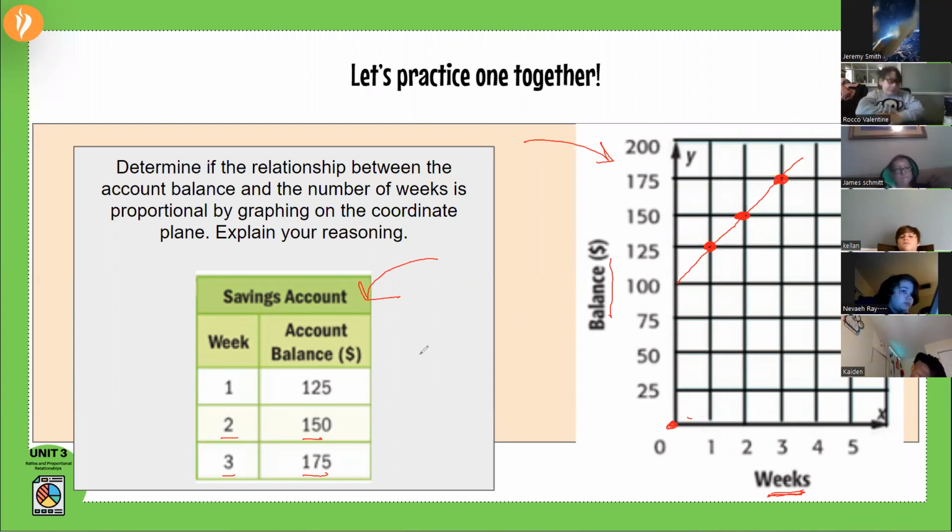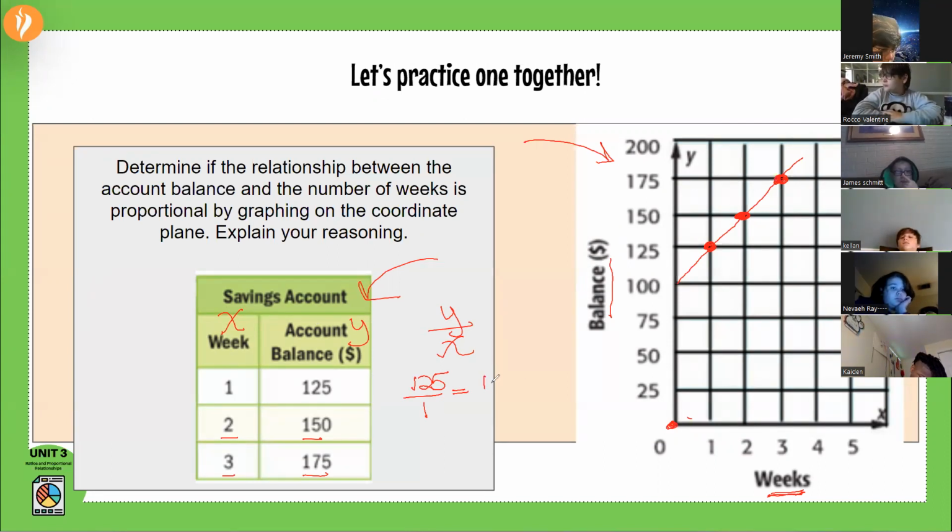Now, how can I be extra sure? If this is my X and this is my Y, remember, I can always divide Y by X. All right, what's 125 divided by 1? 125.